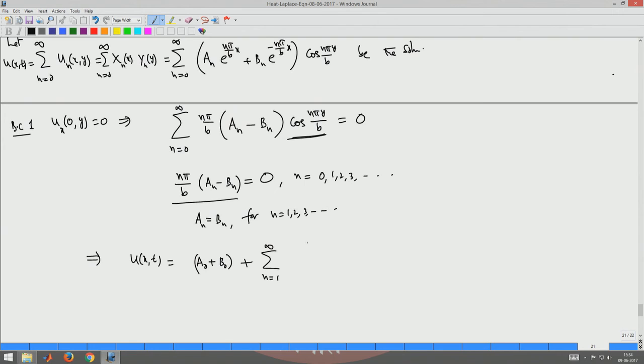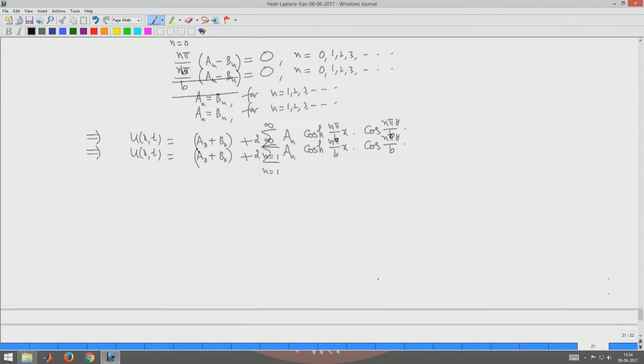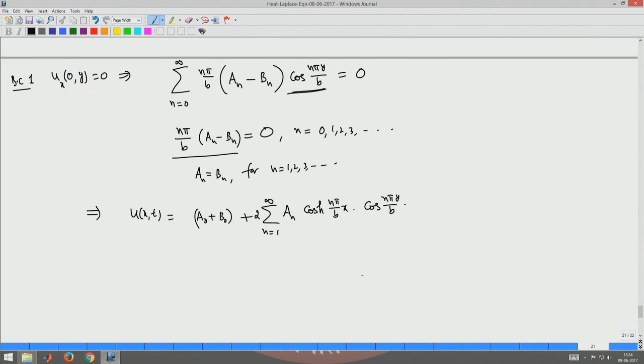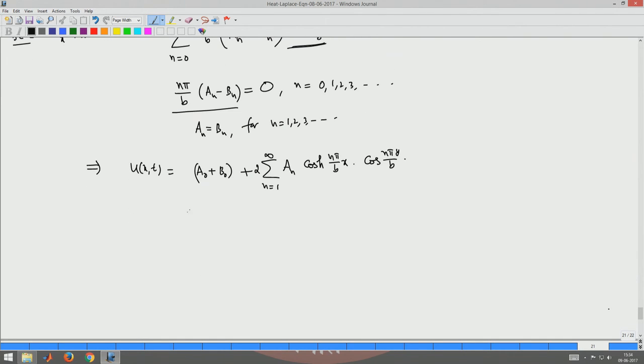Now, a_n equal to b_n, so what you get is 2 times a_n, because I am replacing b_n with a_n, cosh(n pi x by b) into cos(n pi y by b). This is what you have, and this is your arbitrary constant.